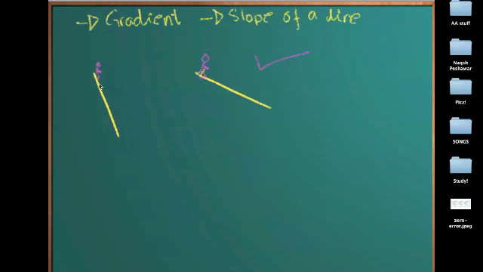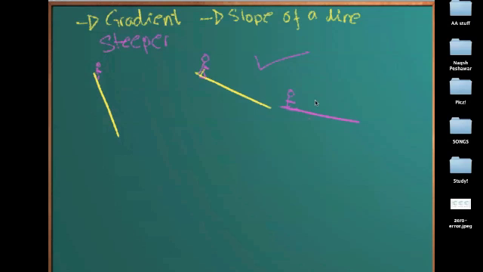Why is this dangerous? Because it is steeper. This one is steeper and this one is less steep. For example, I have another line here. If a person is sitting here, you would say, oh, it's so babyish.